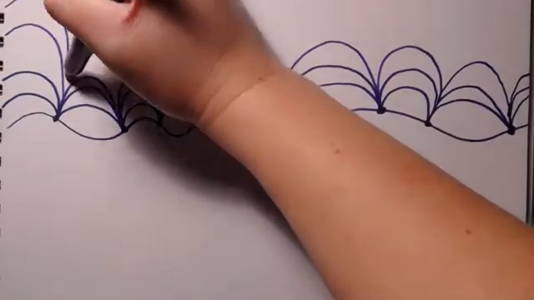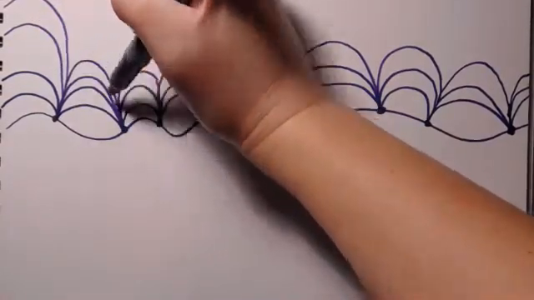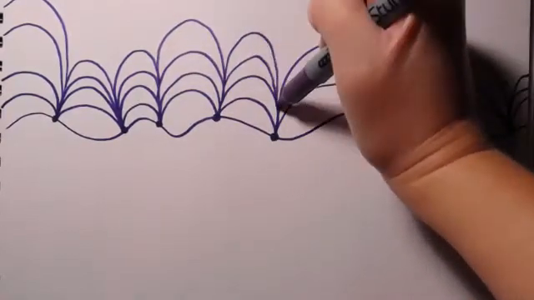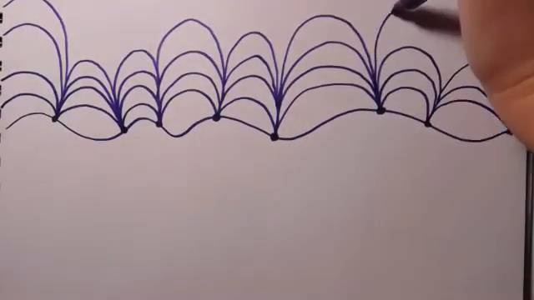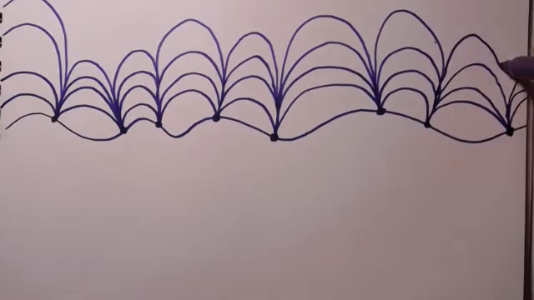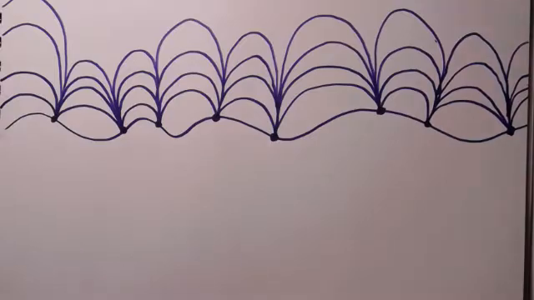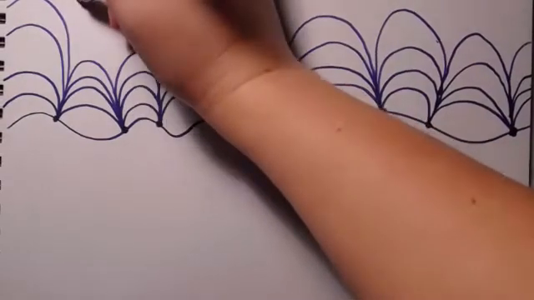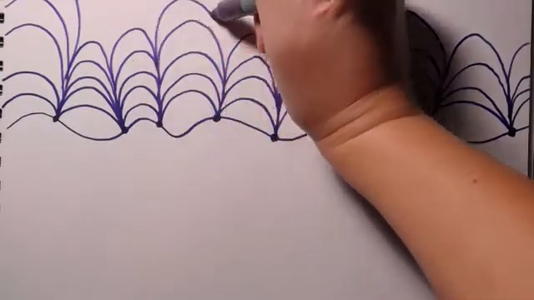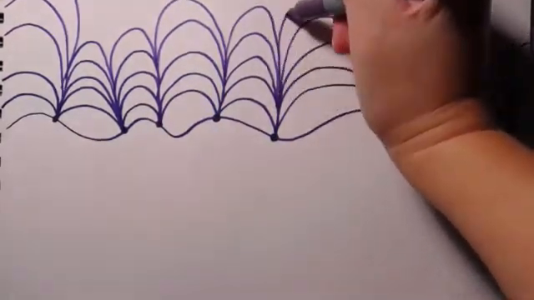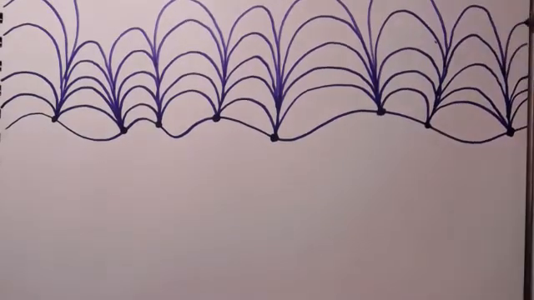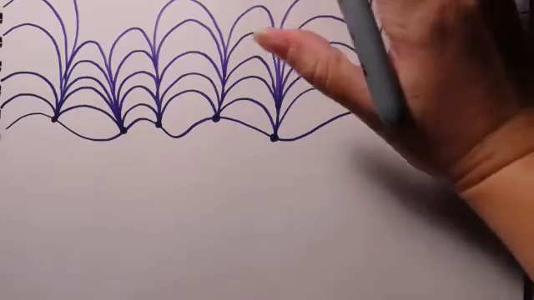All right, now I'm going to do the next one. I'm going to do this until I fill in all of these spaces all the way to the top. I got a little messy there. That's okay. And I'm almost to the top. And you can see I'm not being super even with any of these.